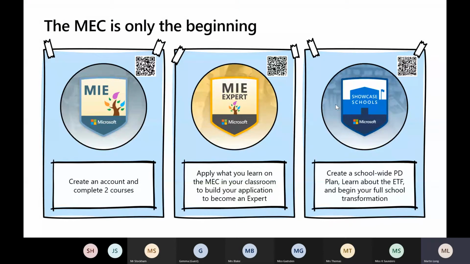We also have another course running alongside this called Microsoft Innovative Educator Experts, and any of you are welcome to hop into there if you wish. It's the next phase of your personal development after becoming an MIE, and if you find that technology is having a really positive impact in your classroom or within your role in the school, it can be somewhere else to go to find like-minded people that are all striving to bring about that positive change in digital transformation.